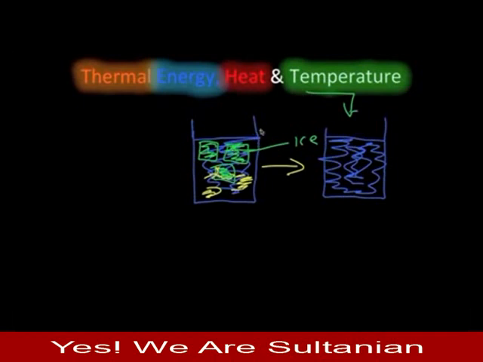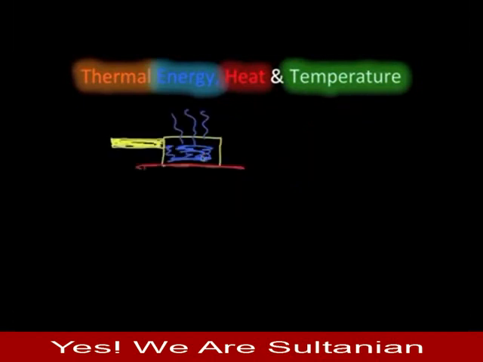So the overall temperature of this system dropped because the temperature or average kinetic energy of the molecules has dropped, but the overall thermal energy has remained the same because the heat was transferred from the room temperature water into the frozen ice cubes and caused them to melt. Because remember, heat travels from the warmer molecules or the warmer area from hot to the colder area.